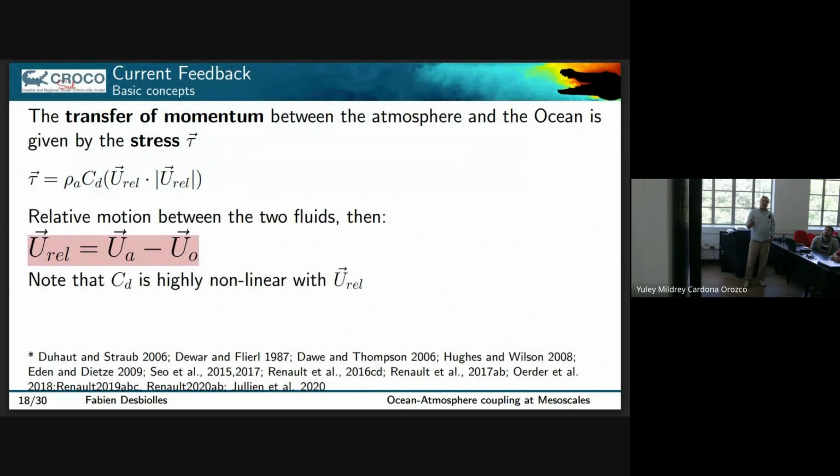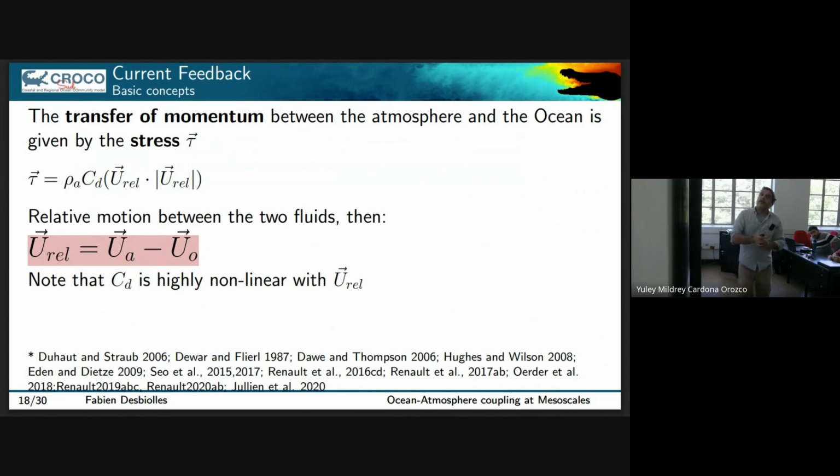Okay. So mechanical feedback, okay? You all know that the transfer of momentum between the atmosphere and the ocean is given by the stress, okay? The classical definition of the stress is rho atmosphere, CD, which is a drag coefficient, right? And a function of U squared, okay? For a long time, we took that U as the wind.